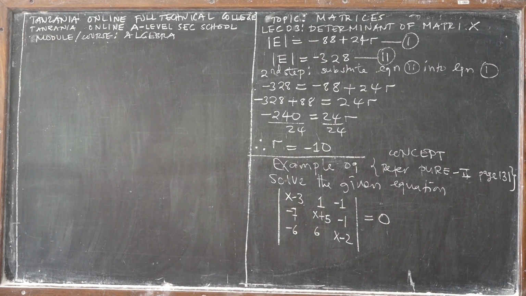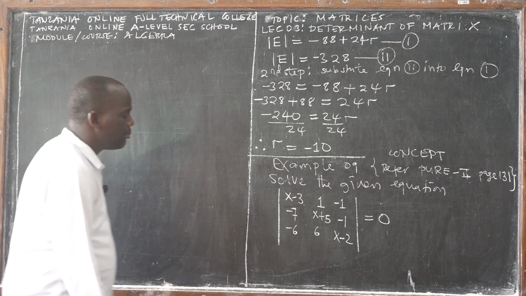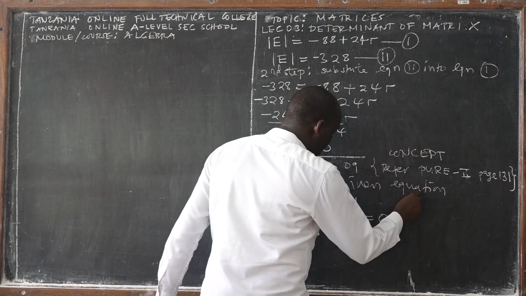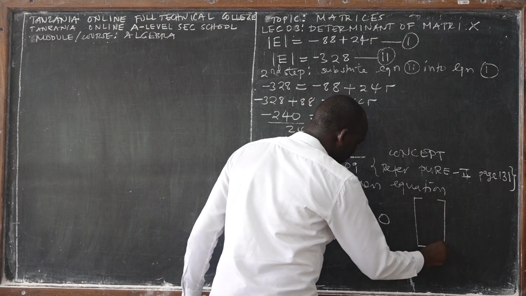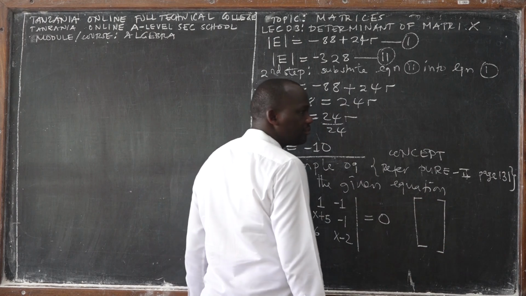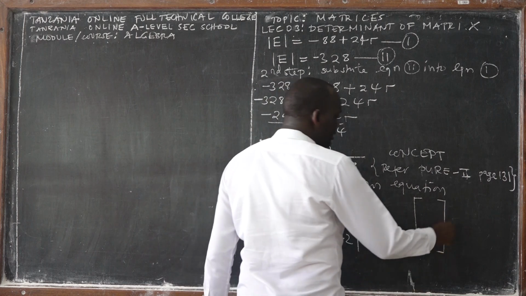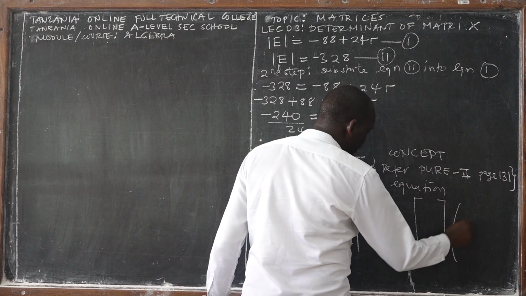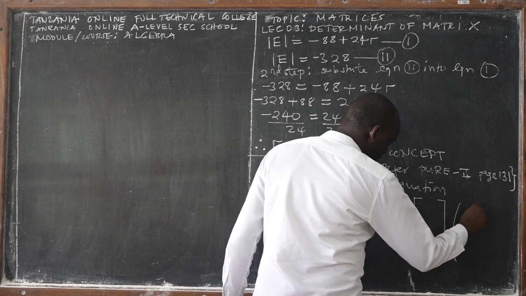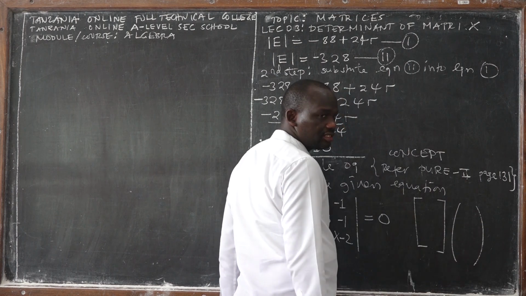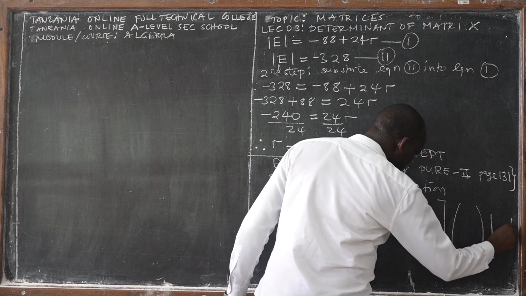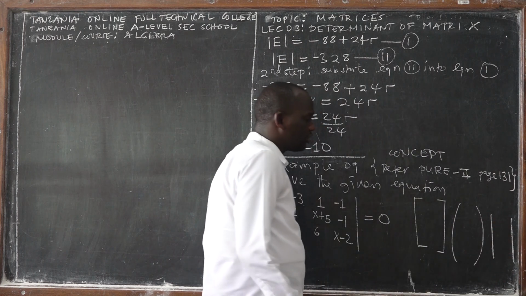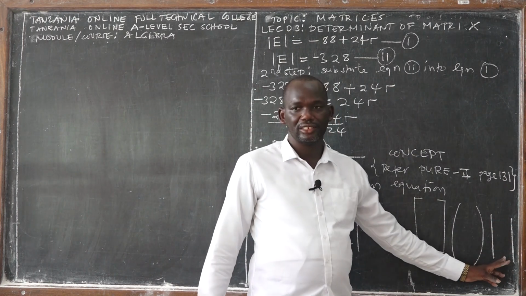There is a difference between these symbols. Square brackets, and sometimes parentheses, illustrate a matrix. But when we use these vertical bar signs, this means determinant.